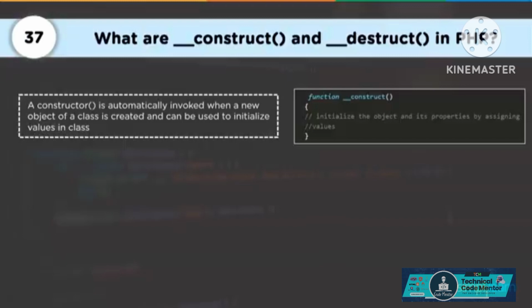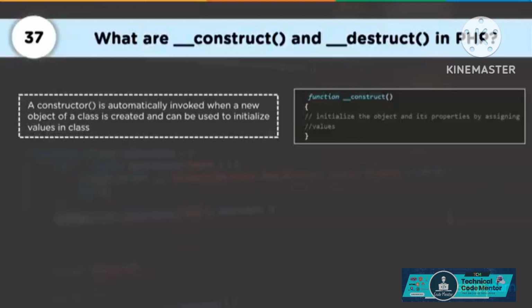But it does not contain any value when it is invoked. But you can also use this construct function to initialize some properties, to give some properties to the class, which will act as its default properties if no new properties are given to the class.